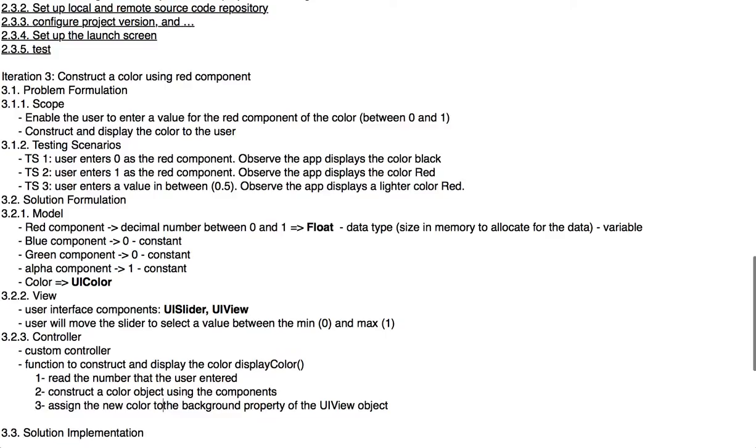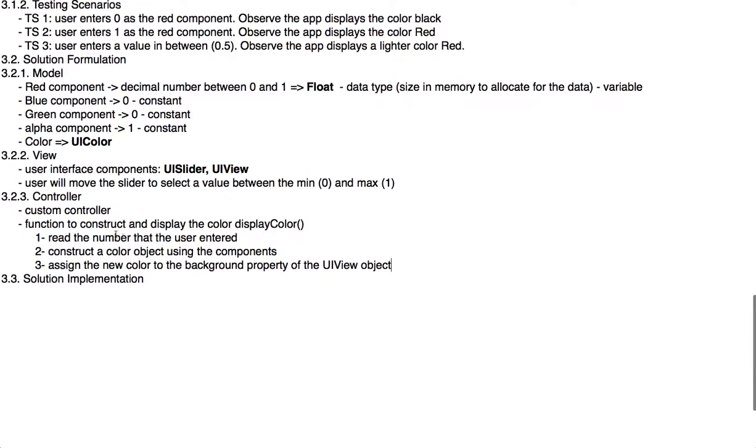All right. So as you can see from this, the controller and the user interface component are exchanging data. The user interface component slider has the number, and the controller needs to read that number.